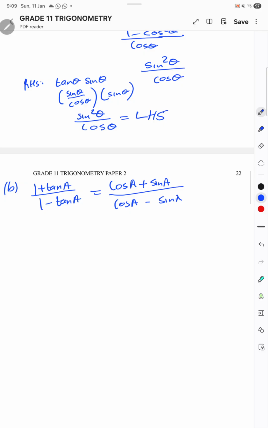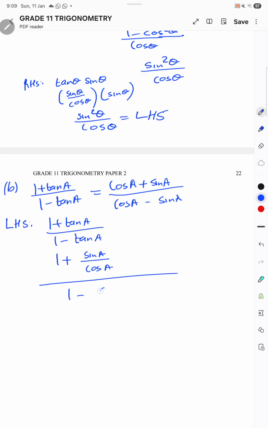All right, in this case, let's take the left again because I can change something there. The left hand side, 1 plus tan A over 1 minus tan A. I know this is 1 plus sine A over cos A. Then this is divided by 1 minus sine A over cos A. This is not like double division in one.